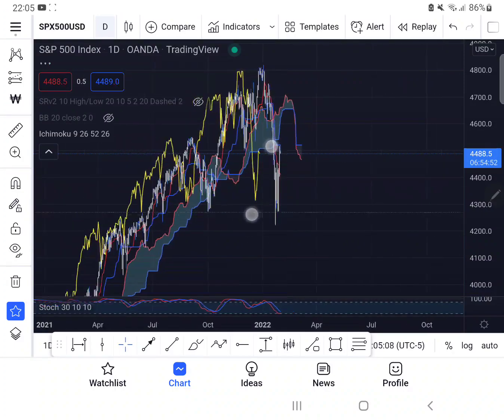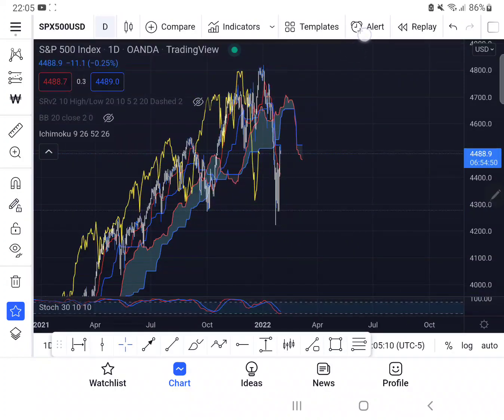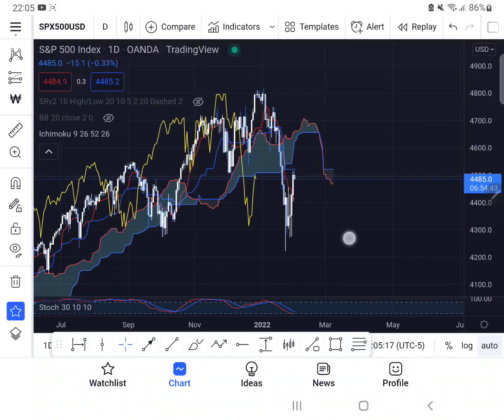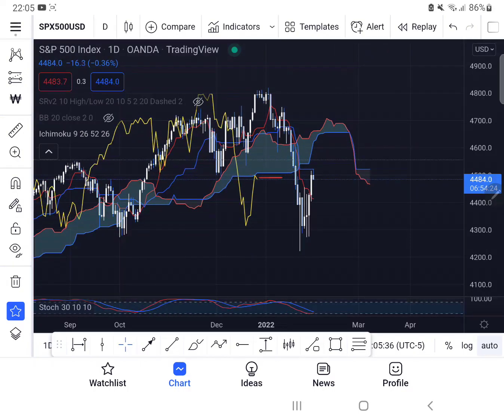In the daily time frame for the stock, the S&P 500, for now, the stock looks like this: this cross here, the cloud twist back to the downtrend, right? But the thickness of the cloud is very thin. It's not big, you know. And of course, the price is below the cloud already.